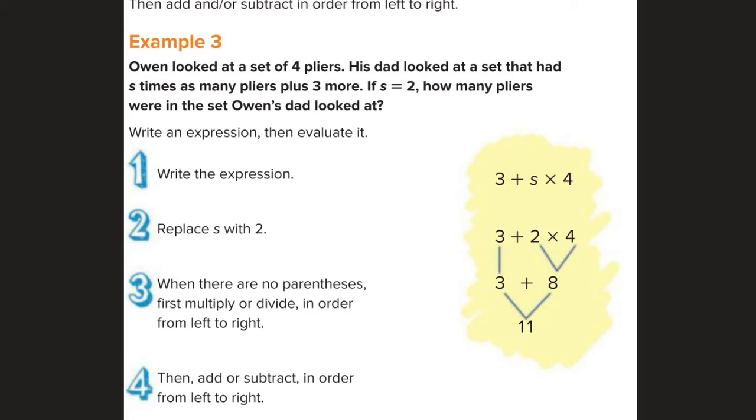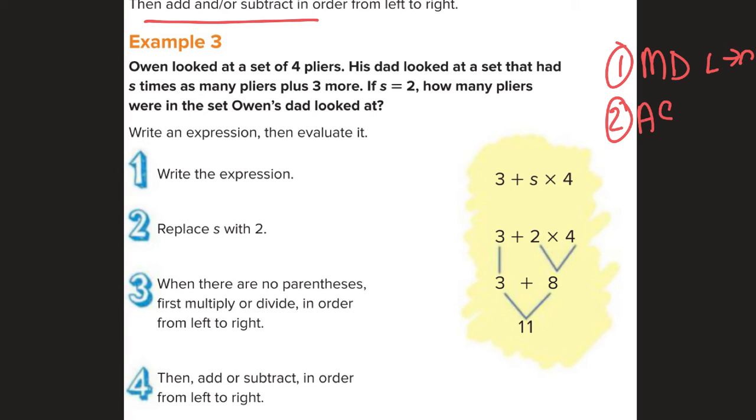It's more important than adding and subtracting. That's going to come second. So this is called the order of operations. First we multiply or divide from left to right. Second we add or subtract from left to right.